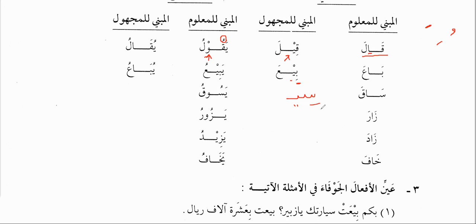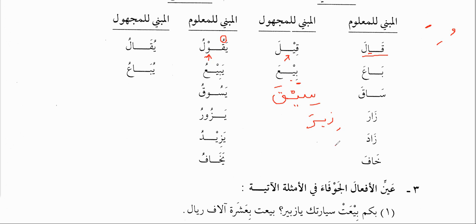siqa. Seen with kasra, ya, and there is qaf, and qaf will have the same haraka as before. For zara, which means to visit, and saqa, which means to give someone a drink, zara becomes zira. So you will go along with the same structure, changing alif to ya.